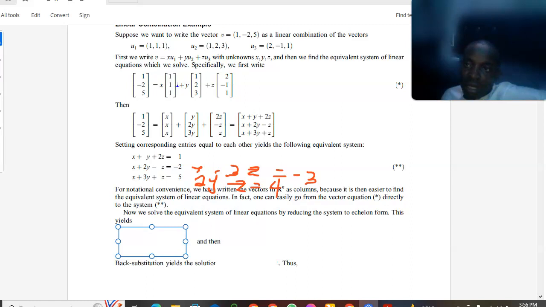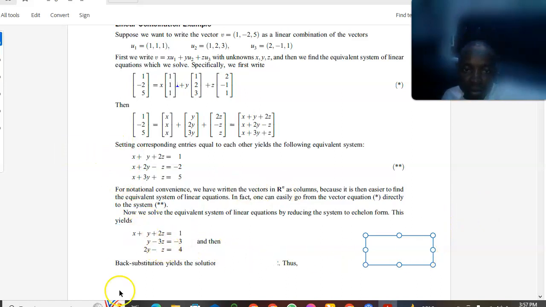So by reducing that, we're going to have what I wrote there. Then for the third one, just say 2 multiplied by y here. If 2 multiplies all the values of y and we subtract this, we're going to have 0.